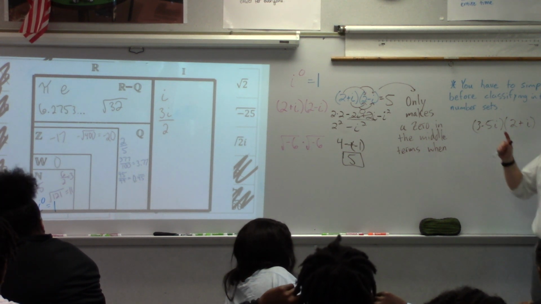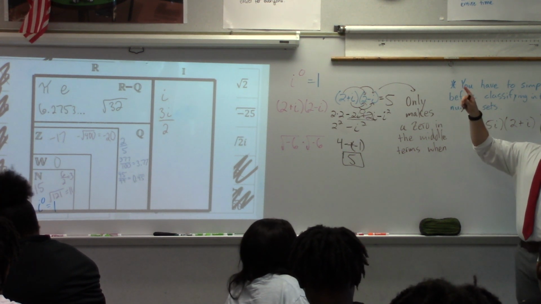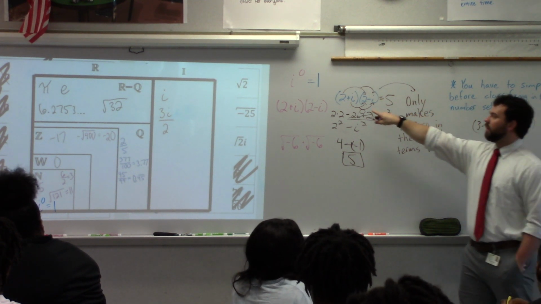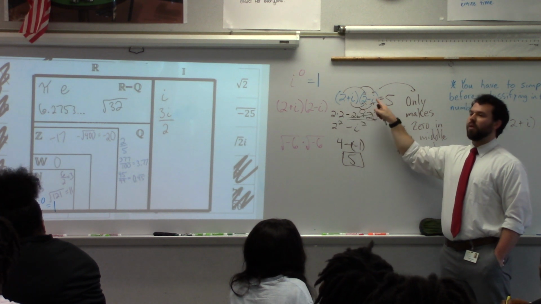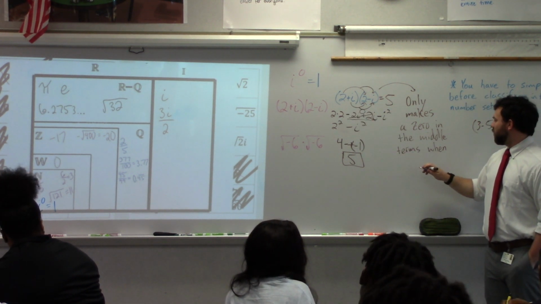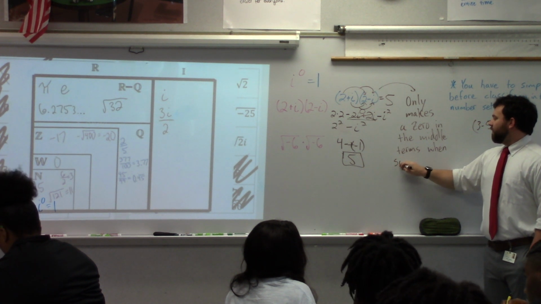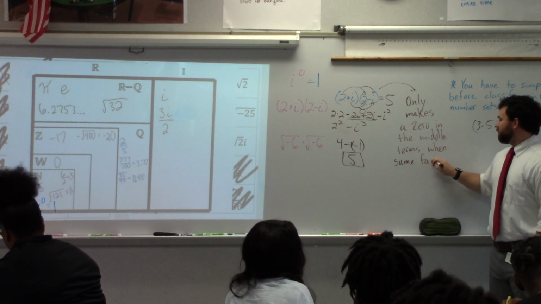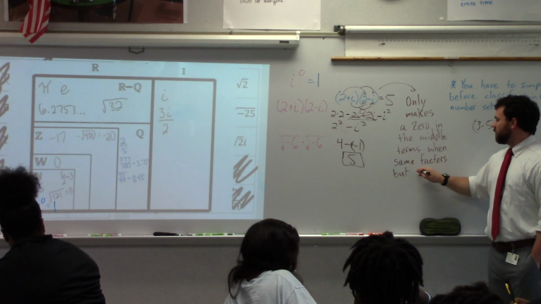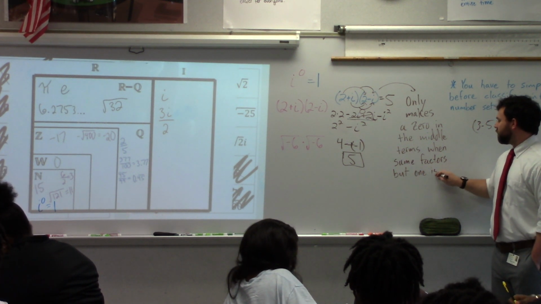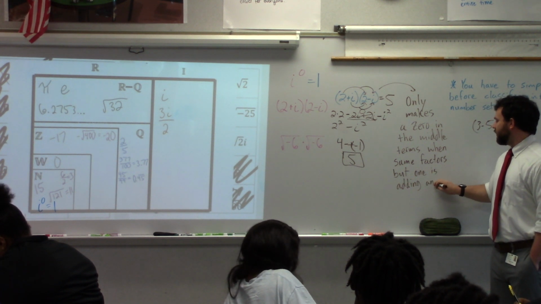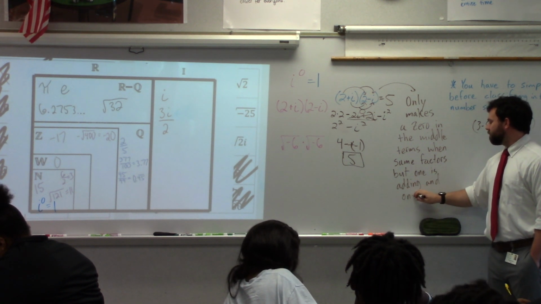So we need the factors to be the same, except one is adding and one is subtracting, right? So it's 0 in the middle terms when same factors, but one is adding and one is subtracting.